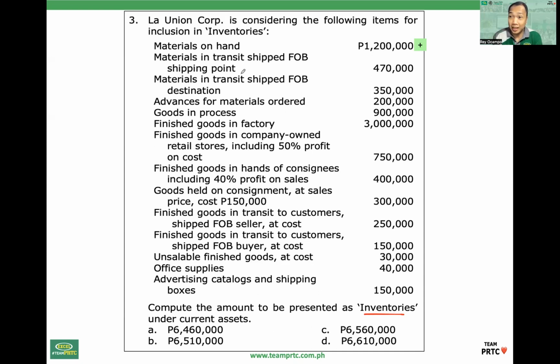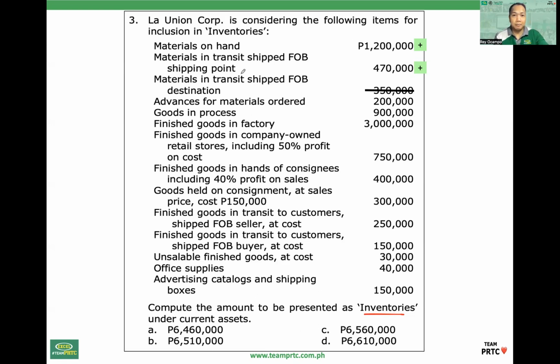So it is already owned by the entity, the buyer, while in transit. So, include. Okay, materials in transit, terms FOB destination. When FOB destination, who is the owner while in transit? Still the seller. The entity is the buyer, so exclude. Not owned. It is not yet owned while in transit.